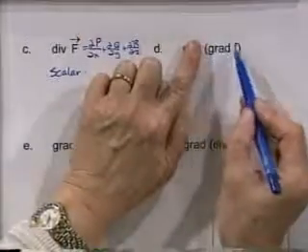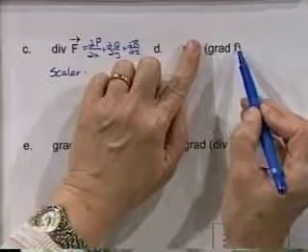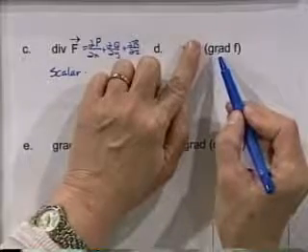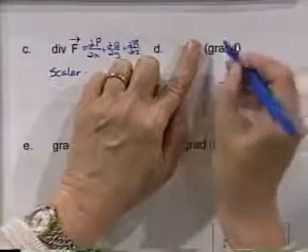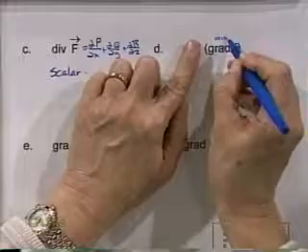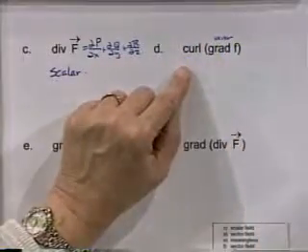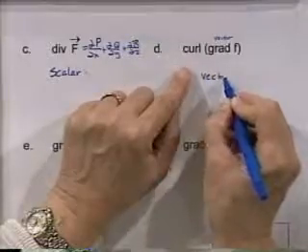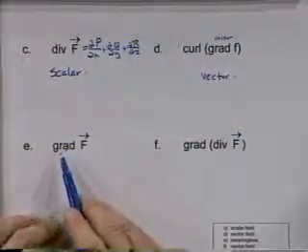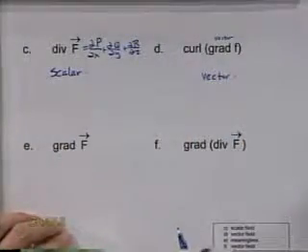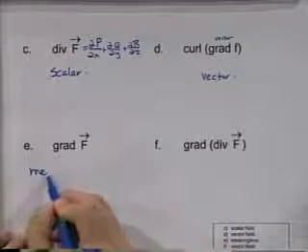Now, when you take a scalar function and you take the gradient of it, what do you get? A vector. And you can take the curl of a vector. When you take the curl of a vector, you get a vector. Okay, can I take the gradient of a vector valued function? No, meaningless.